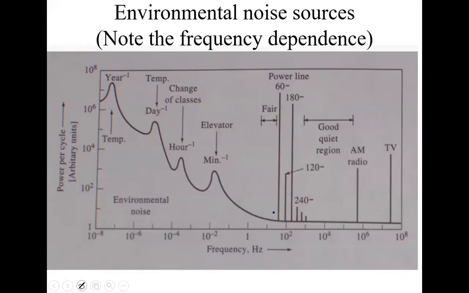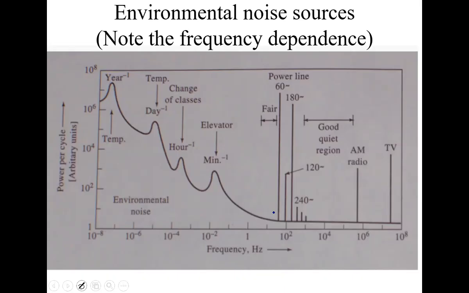This environmental noise is continuous at low frequencies. When you come to these frequencies, 10 to the second, 10 to the fourth, the numbers are given here, 10 to the sixth, 10 to the eighth. So we are talking about 10 to the eighth hertz. This is radios, AM radios, and so forth. You can see a sharp peak, very narrow bandwidth, unlike here. That's the important thing.